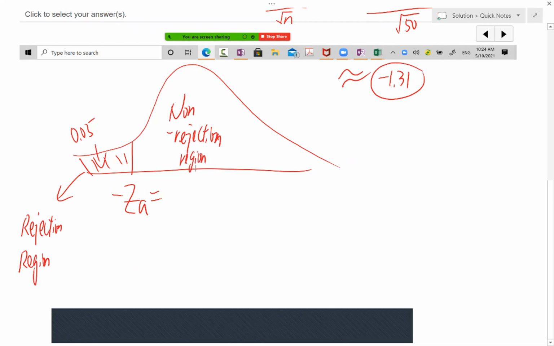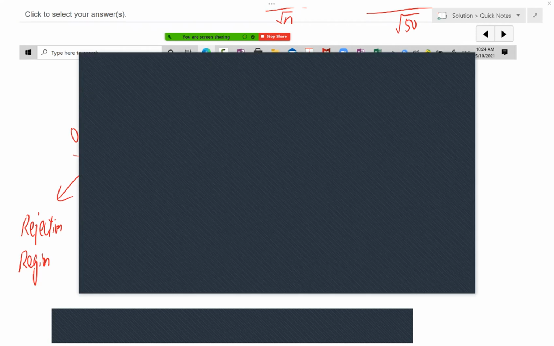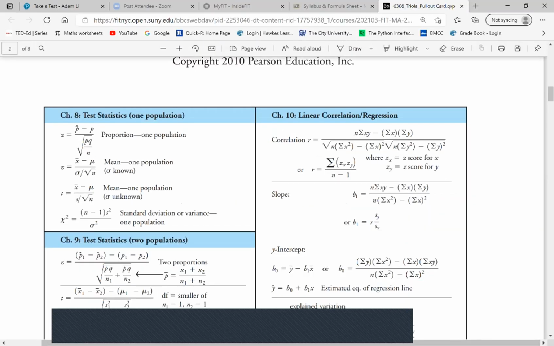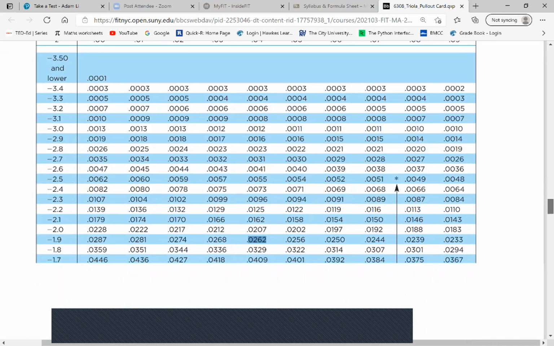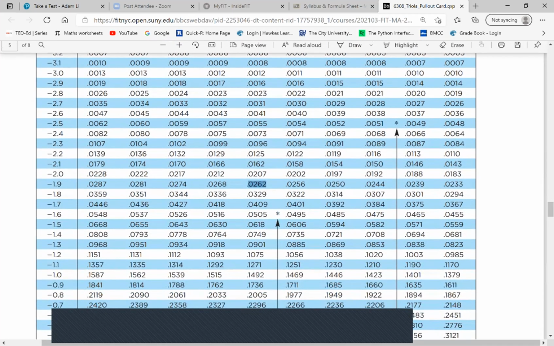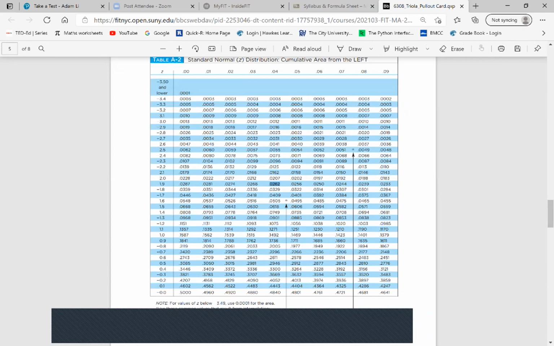Then let's go to Table A2, 0.05. The corresponding z-score is negative 1.645. It's right in the middle of 0.0505 and 0.0495. And this corresponding z-score is negative 1.645.